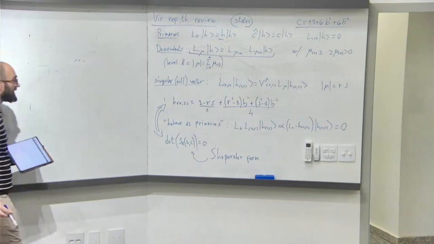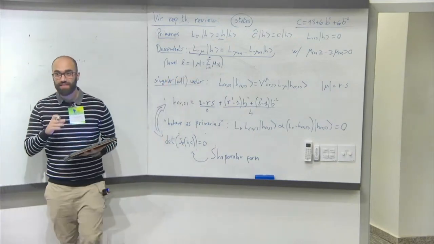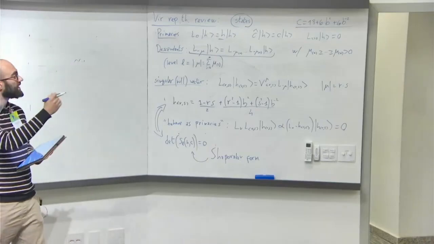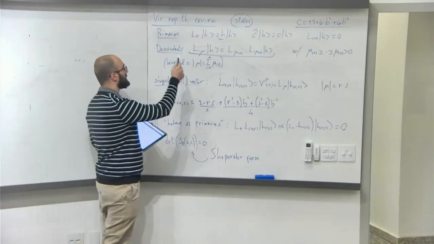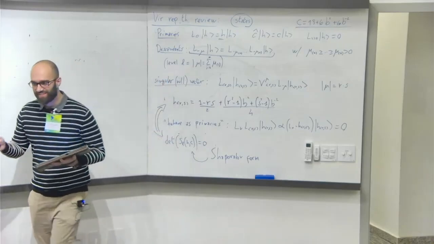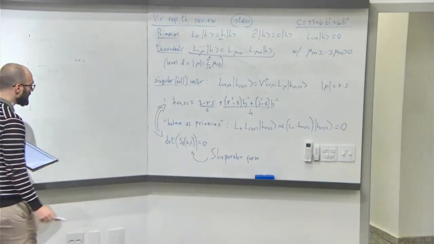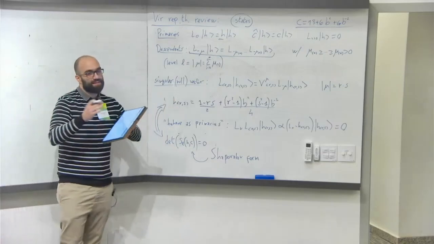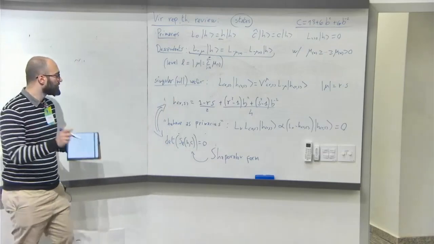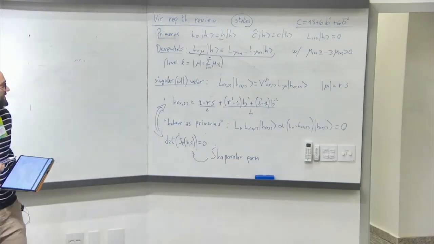OK, a descendant has a well-defined level, which is just the sum of all of the indices that appear there, so the sum of the indices of the generators. And another object that we're going to need throughout the discussion is the notion of singular vector. Singular is the same thing as a null vector, an object that is a descendant but, quote-unquote, behaves as a primary. What do I mean by behaving as a primary?